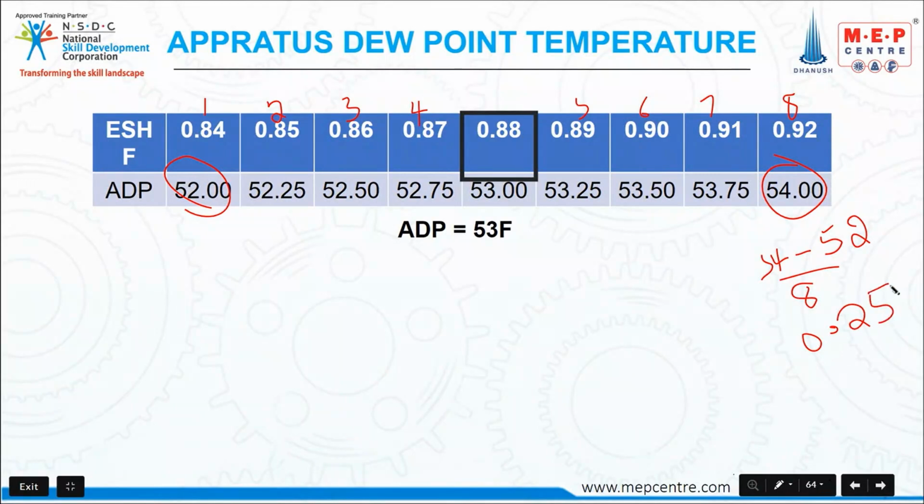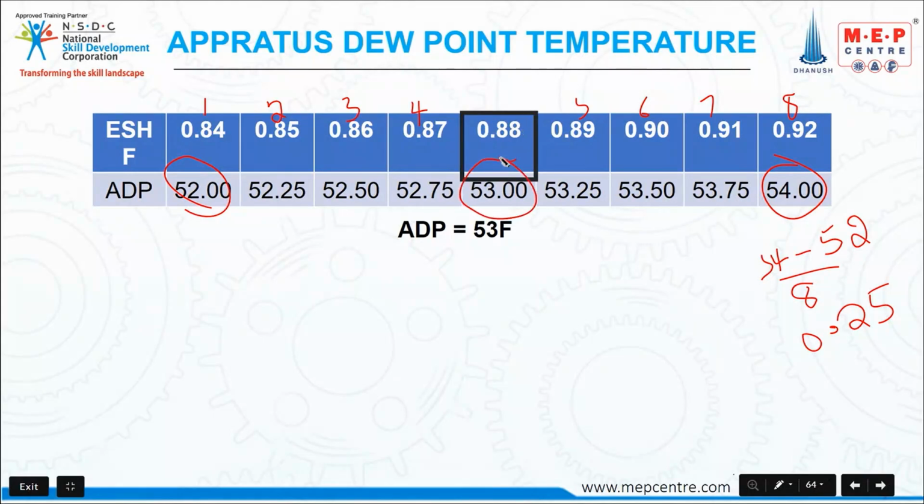So as it is 0.25, now I'll be adding. 0.84, 52; 0.85, 52.25; 0.86, again 0.25 I'll add, 52.50. I'll be adding 0.25 at each place. So for 0.88 we have 53.